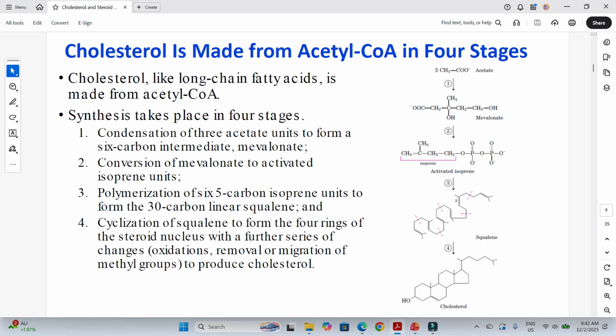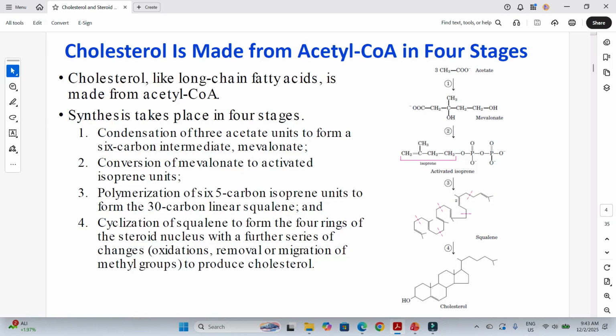Now, as I mentioned earlier, cholesterol is actually synthesized from acetyl-CoA. All right. Okay. So cholesterol is made from acetyl-CoA in 4 stages, and this is like a deja vu of sorts, because we've already encountered the case of synthesis of fatty acids from acetyl-CoA, right?